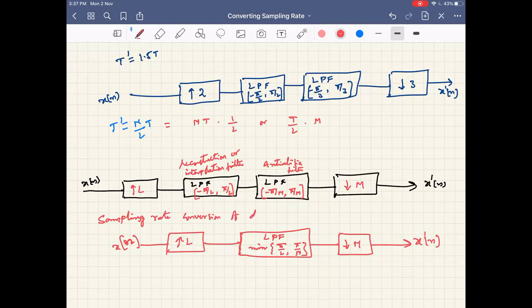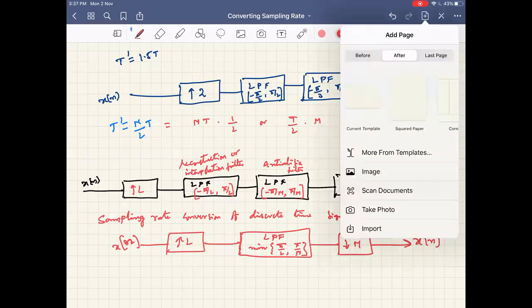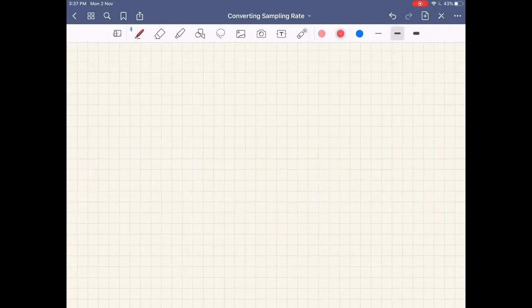So this encompasses all the things that we have discussed so far. As an example, what I request you to do now is to go through a sequence where we start with X of e power j omega, because a discrete time signal is given to us.